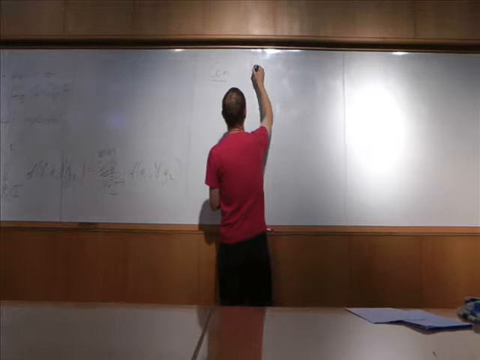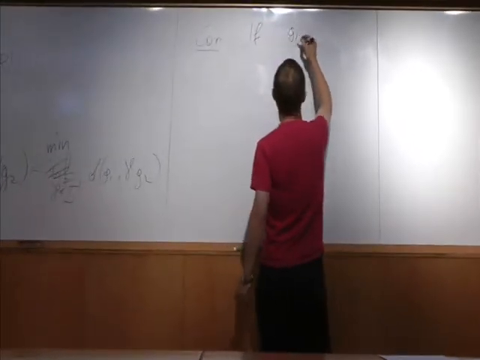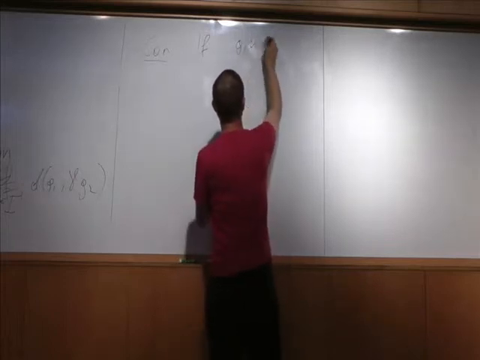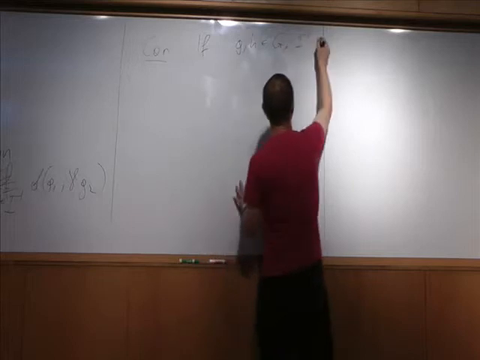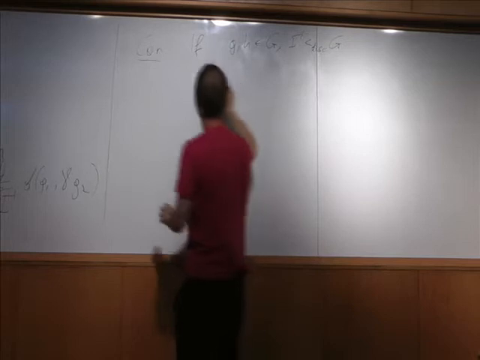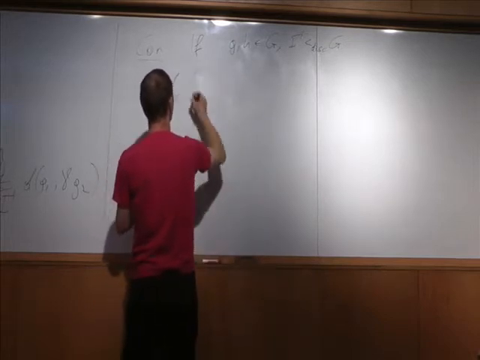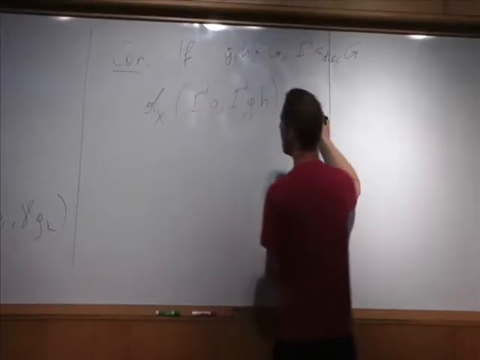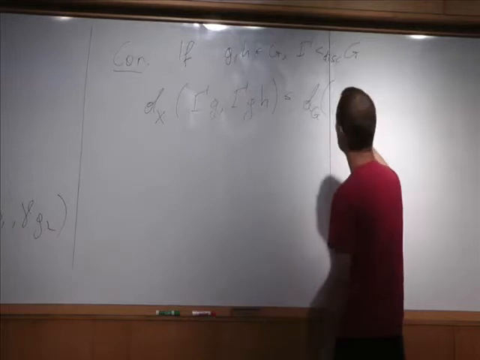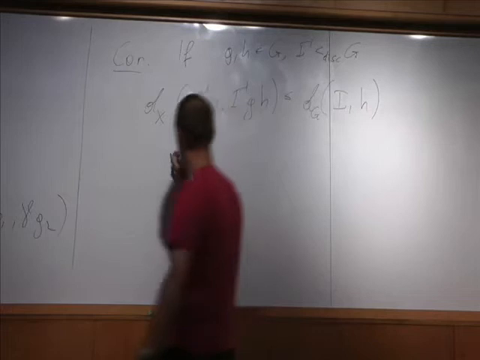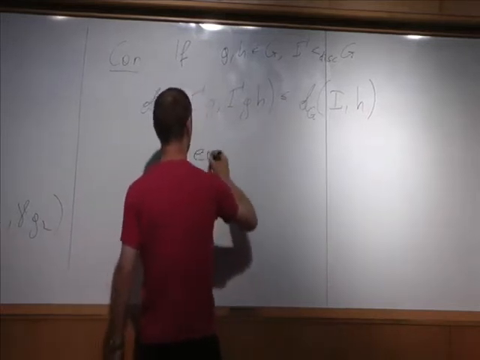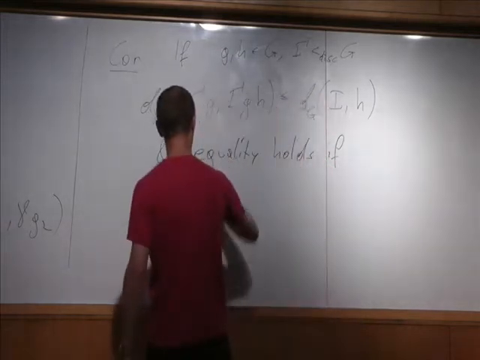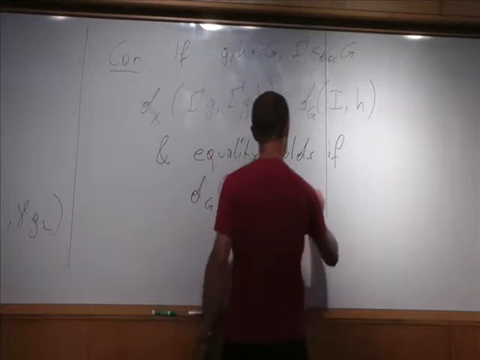So if G and H are in G, and Gamma is discrete, then the distance function on X between Gamma G and Gamma GH is less or equal than the distance in G between the identity and H, and equality holds if d(identity, H) is small enough.